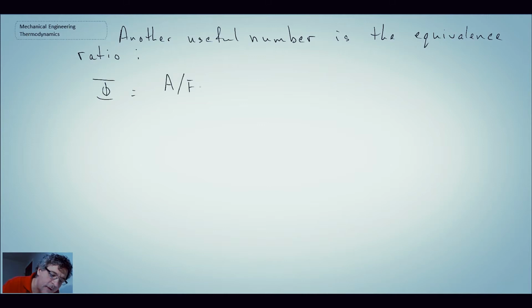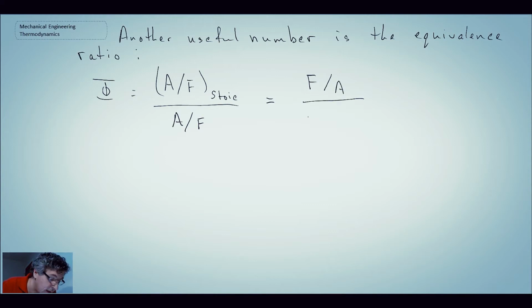For this, we take the air to fuel ratio for a stoichiometric balance divided by the actual air to fuel ratio. Or it could also be defined as the fuel to air ratio for the actual reaction divided by the fuel to air ratio for stoichiometric as well.